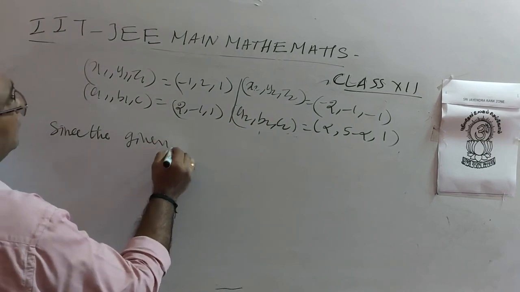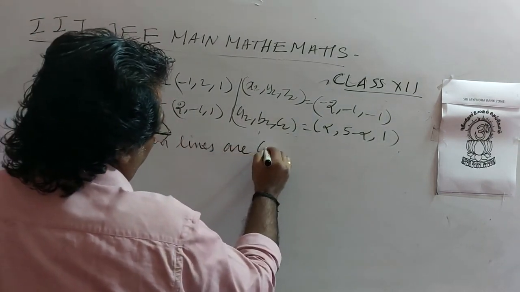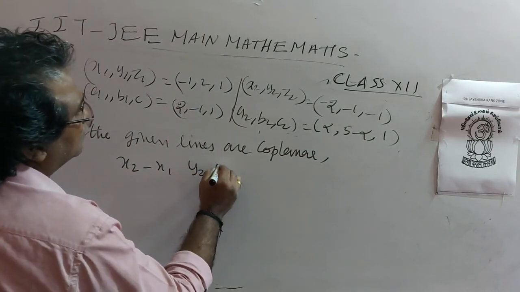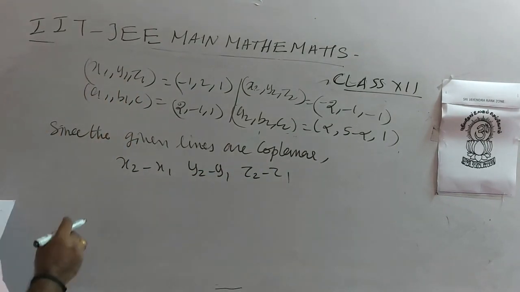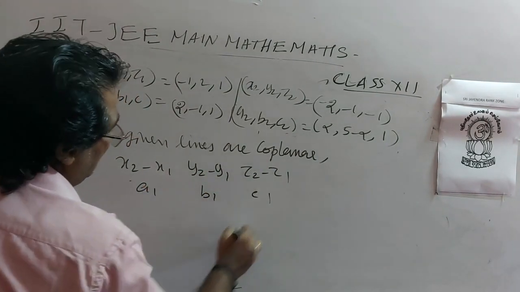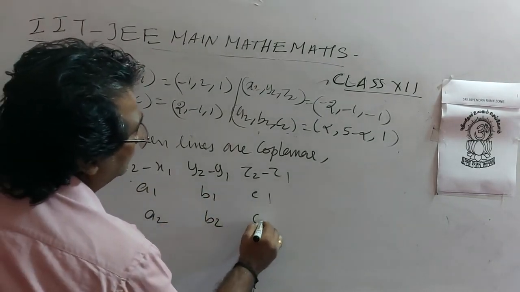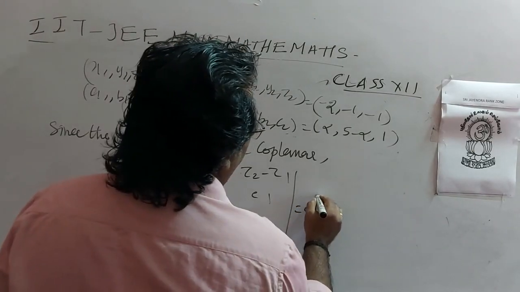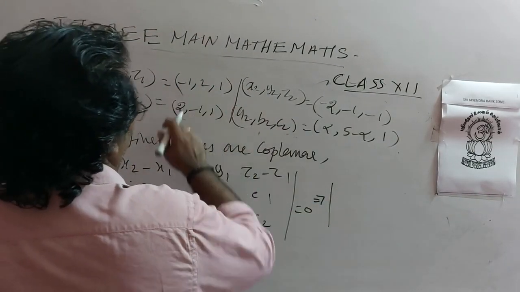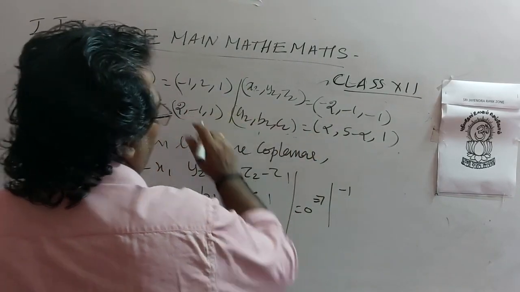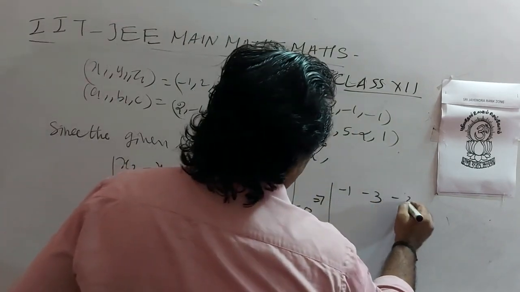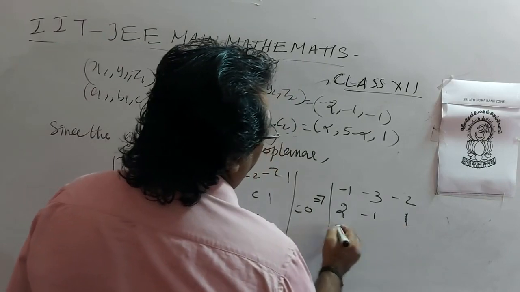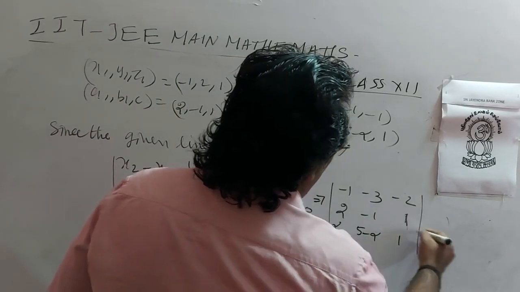Since it's given that the lines are coplanar, the determinant of (x2 - x1, y2 - y1, z2 - z1), (a1, b1, c1), (a2, b2, c2) equals 0. That implies the rows (-1, -3, -2), (2, -1, 1), (alpha, 5 - alpha, 1) give a determinant equal to 0.